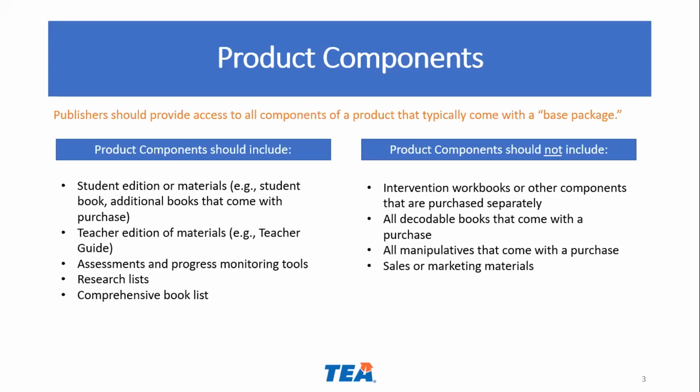Product components should include things like the student edition or materials, student books, and additional books that might come with the purchase. I'll talk a little bit more about not all of those, but things like an example of a decodable book or some stories that might come with them. We do not need all those books, but having a sampling that would come with a typical base package would be important for reviewers to understand.